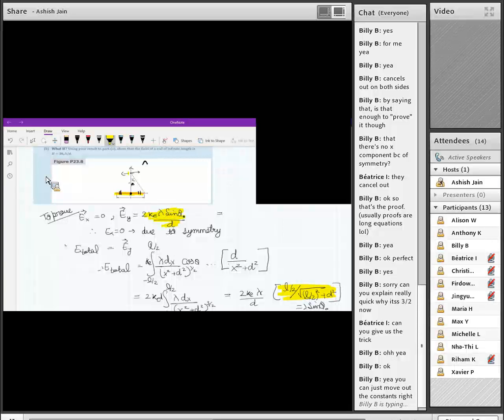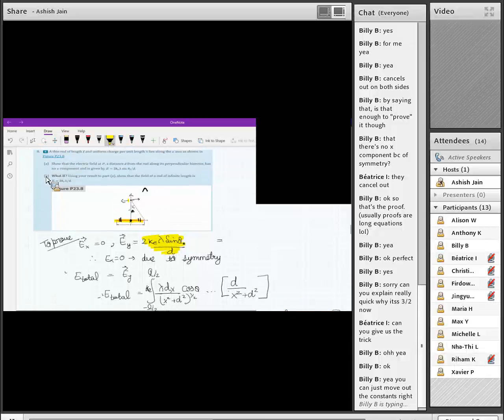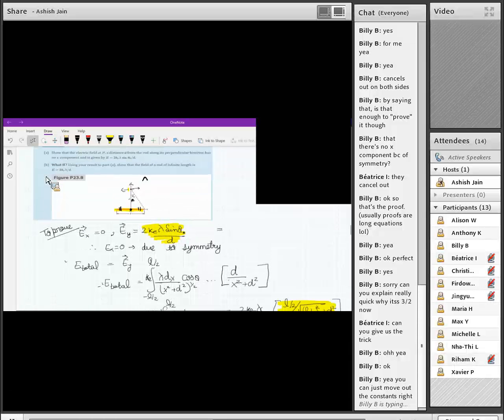because as you can see, in the end you have only the E_y component, and if you see the rod as a single quantity, then there has to be sine theta naught in the answer.